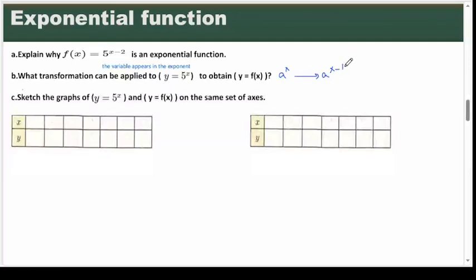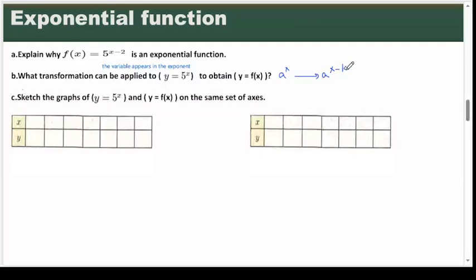It depends on the k that is added to this exponential function, x minus k. I keep this minus, and if k is larger than 0, move k units to the right side.